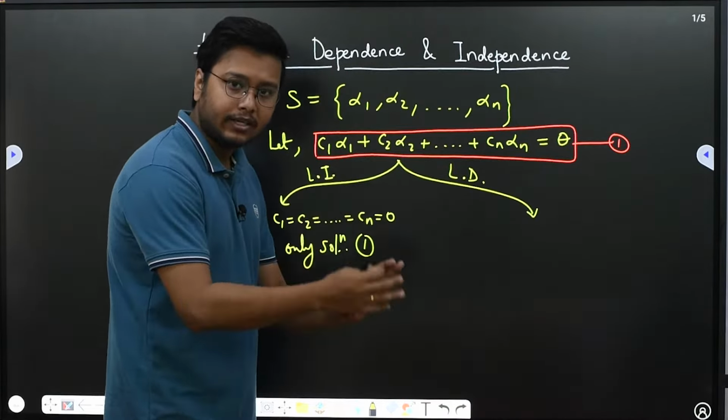Achha. Now I'm multiplying the element Cj inverse on both sides, because Cj inverse exists, so I can multiply it.